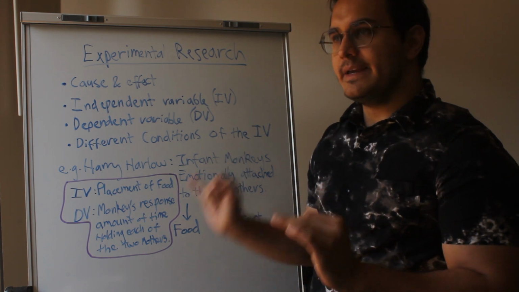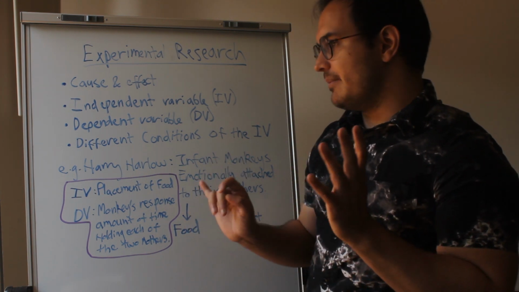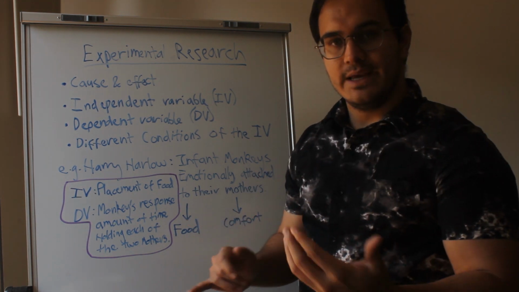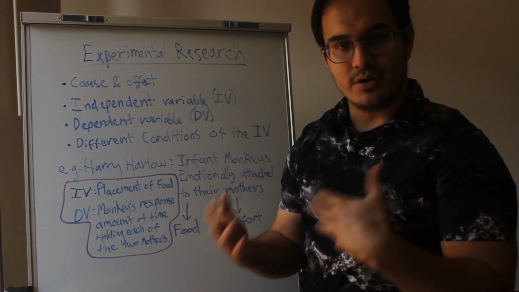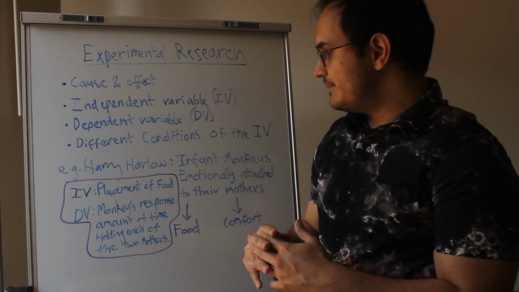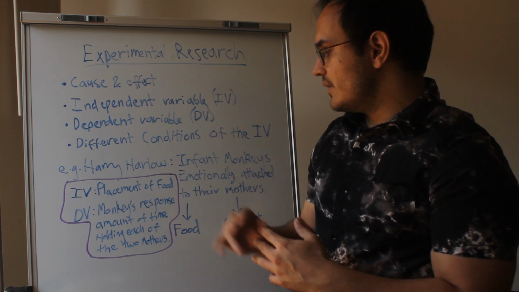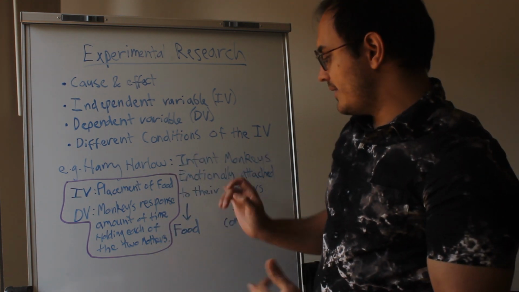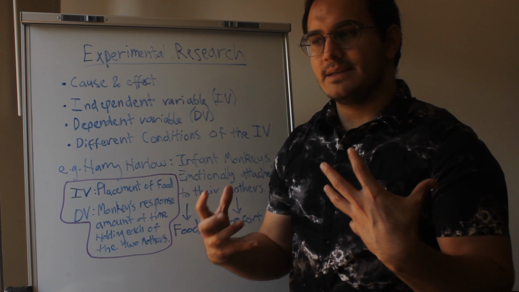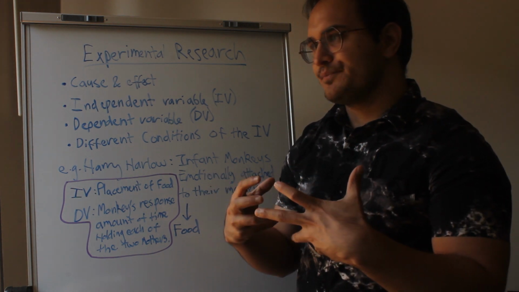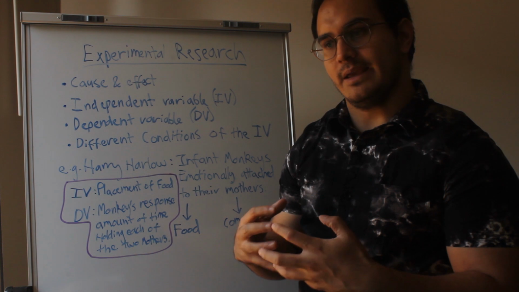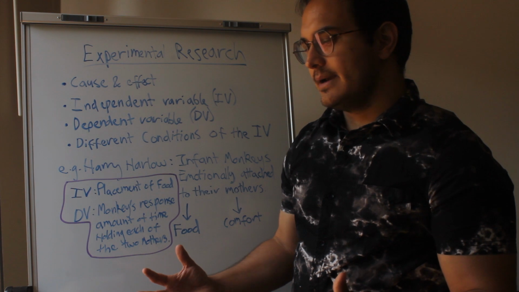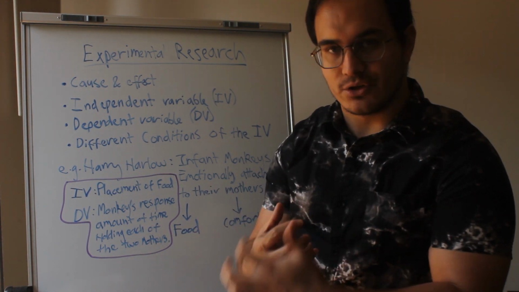One theory is that the infant monkeys are emotionally attached to their mother because the mother is the source of food. She gives them breast milk or whatever. The other theory is that the mother provides nurturing comfort for the infant monkey, and that emotional attachment comes through the comfort of clinging on to the mother.